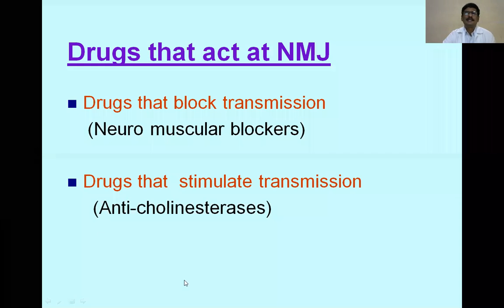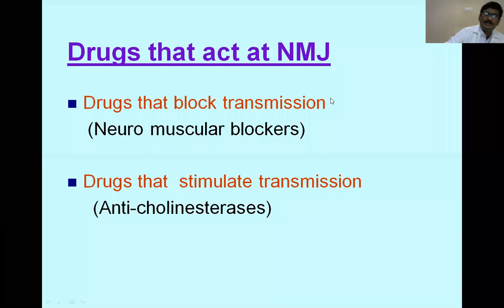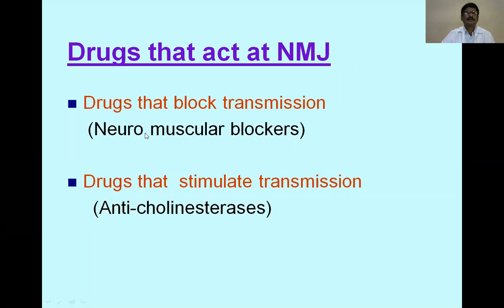So there are various agents. Some of them act at the presynaptic terminal level itself. Even some of them inhibit the sodium channels, like tetrodotoxin; they block the sodium channels, thereby interfering with transmission across the NMJ.